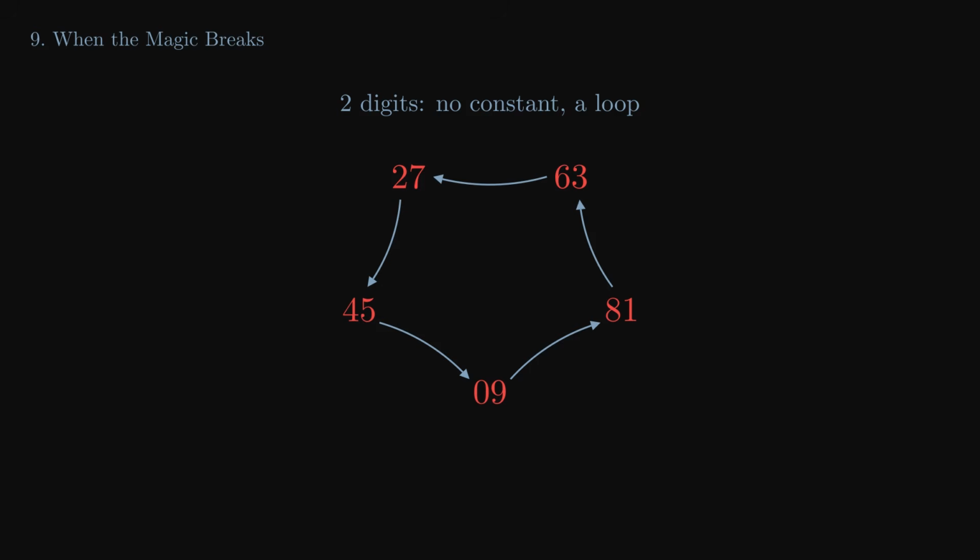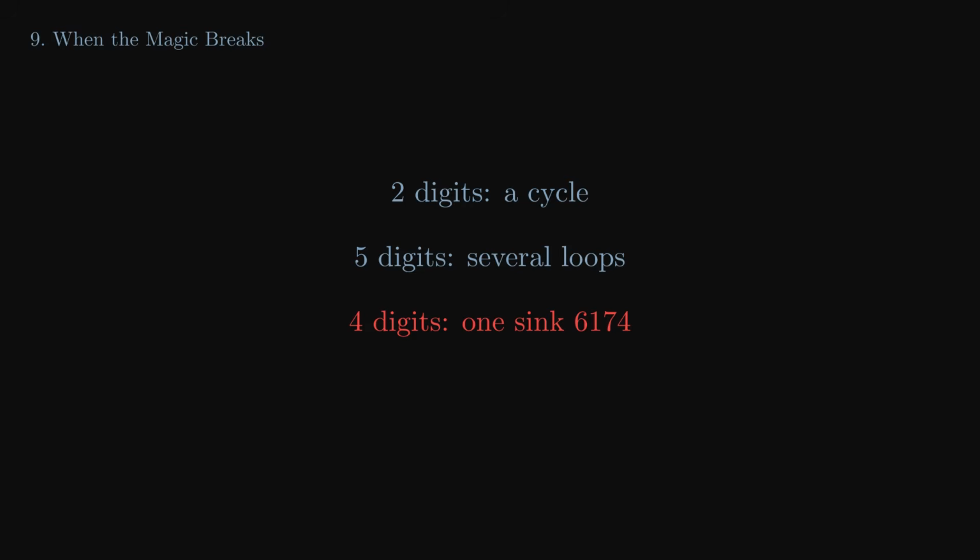5-digit numbers are worse still. There is no single constant, and instead several different loops that numbers fall into depending on where they start. The clean, one-drain picture we found for 4 digits is actually the exception, not the rule. Most lengths give you cycles, or several attractors, or a tangle, which makes what happens at 4 digits genuinely lucky.